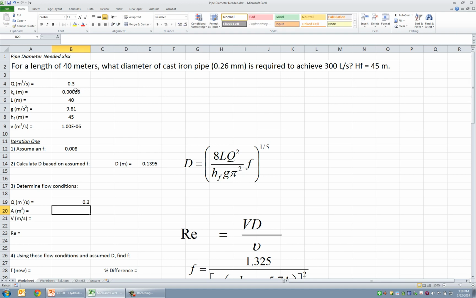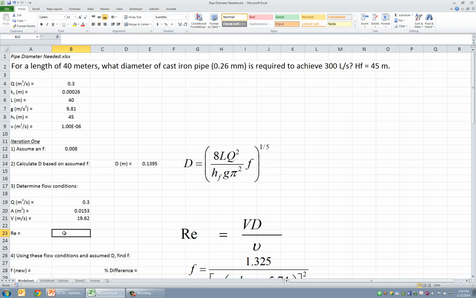The cross-sectional area is going to be pi times d squared divided by 4. And that gives me the area, 0.0153. And now velocity we know is Q divided by A. So this is the flow velocity through the pipe if this is the diameter.